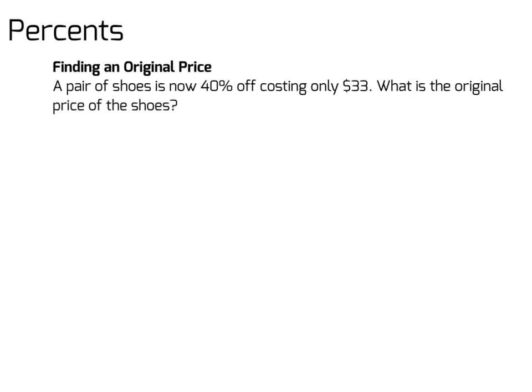The second part of this section is going to ask you to find an original price based on knowing the sales price and the percent off. A pair of shoes is now 40% off, costing only $33. What is the original price of the shoe? Well, the first thing I need to know is how much of the original cost is the $33 as far as a percentage goes.